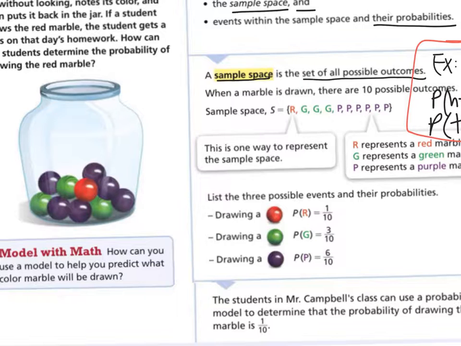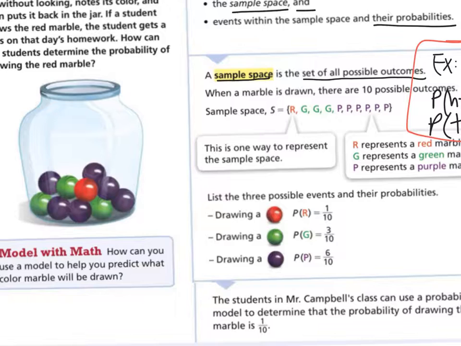Notice in the sample space, they have an R, they have 3 G's, and they have 6 P's. You might just say, well, the possibilities, it's only either going to be R, G, or P. That's true. It is only going to be one of those 3. The nice thing about putting all of these separately is that it tells you how many total options you have, which will help you figure out your probabilities easier.